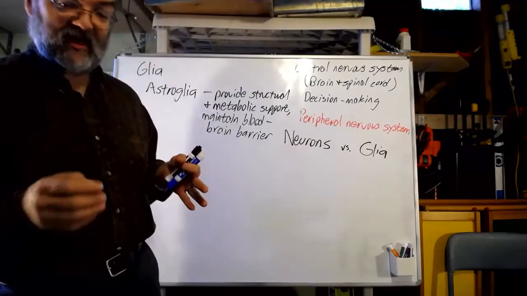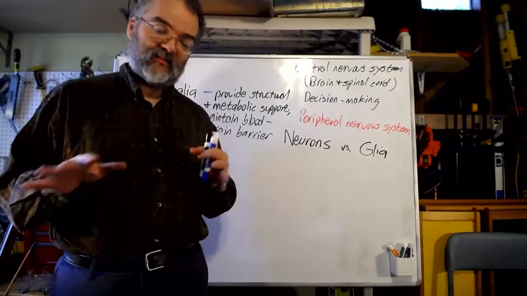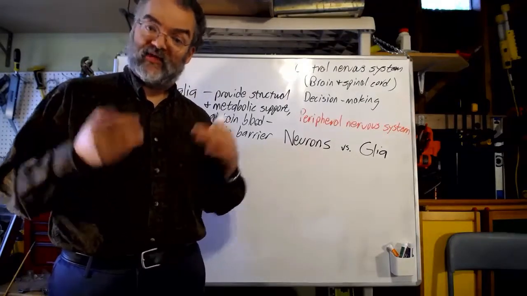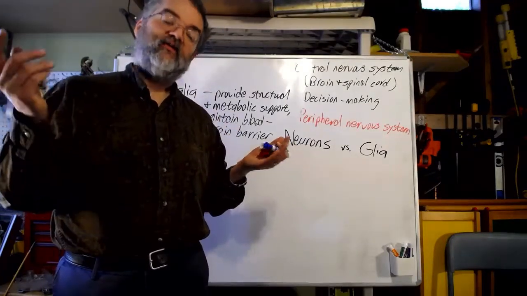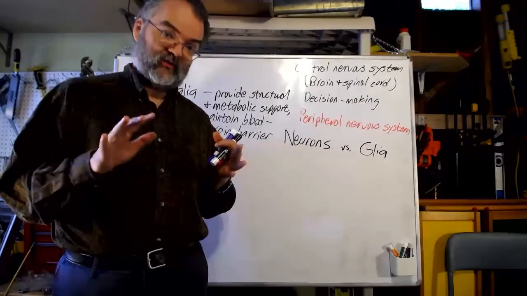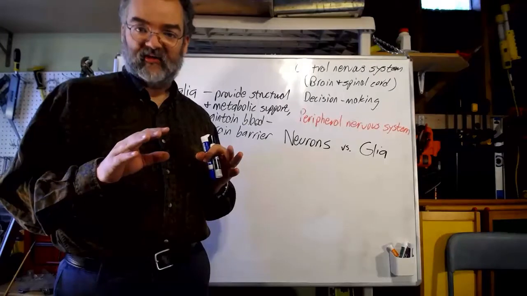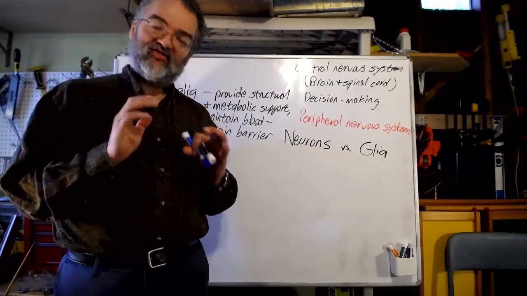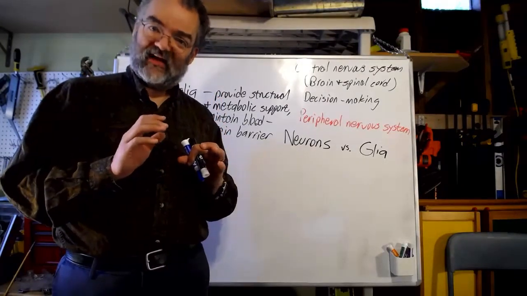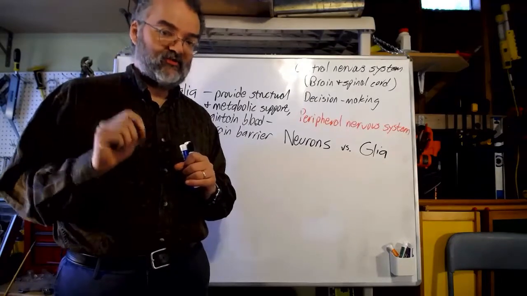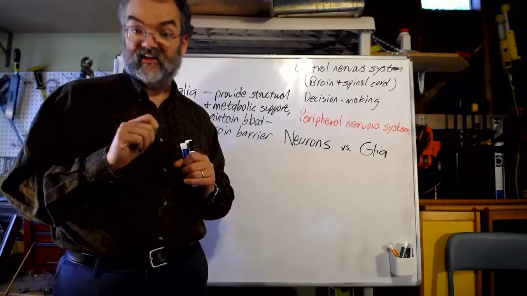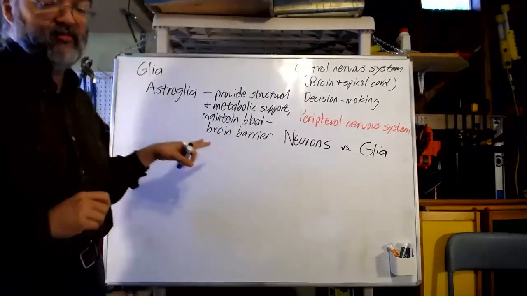In most of the body, we allow some kinds of molecules to move fairly freely between blood and extracellular fluid. But in the brain and spinal cord, in the central nervous system, the astroglia, as well as some changes in the capillaries, provide an extra layer of vigilance about that. Only certain molecules are allowed to go from the blood to the brain. It's highly controlled. That's the idea of the blood-brain barrier.